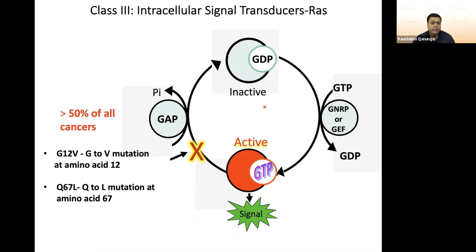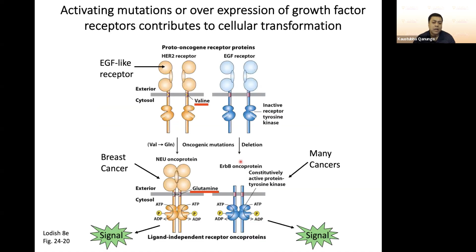All right. RAS, very important. The only take-home message is that no matter what kind of mutation happens, if GTP is bound to RAS, it is constantly on. If it cannot hydrolyze the GTP, with the help of GAP or by itself, because of any mutation, you cannot turn it off, which means RAS is constantly signaling, and that can lead to transcription activation of many cell cycle proteins, which can drive the cell cycle uncontrollably.